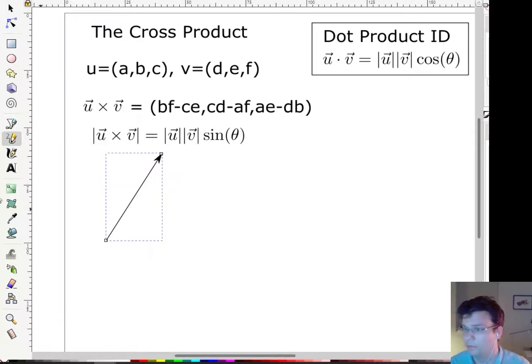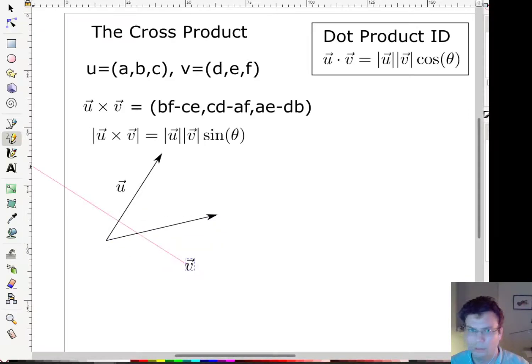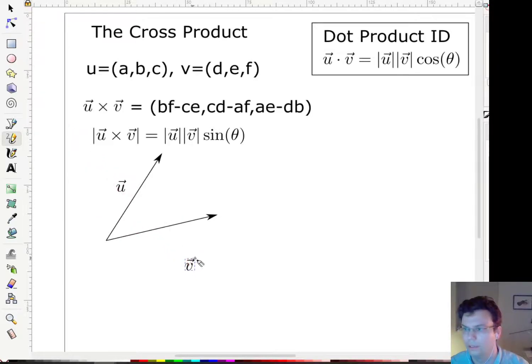So let's say this is our vector u here. I'm just going to draw this setup and try to understand the geometry. That's my vector u, and then I'll draw a vector v with the same origin, and we again say that the angle between them is theta.